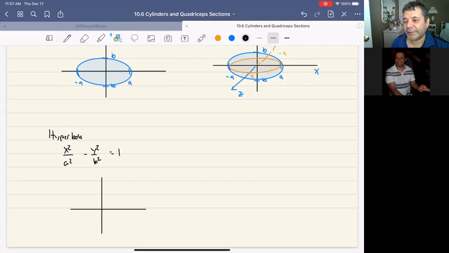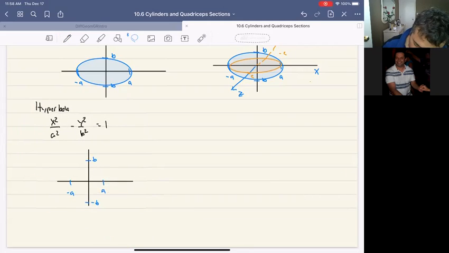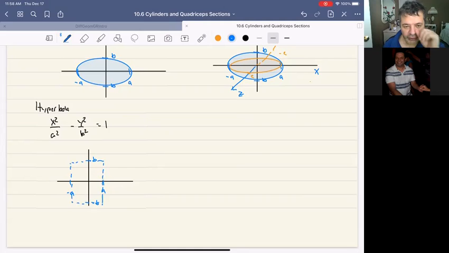So now what that is, again, you have a rectangle that goes left, right, a, up, down, b. Now, let me draw this, a, negative b.